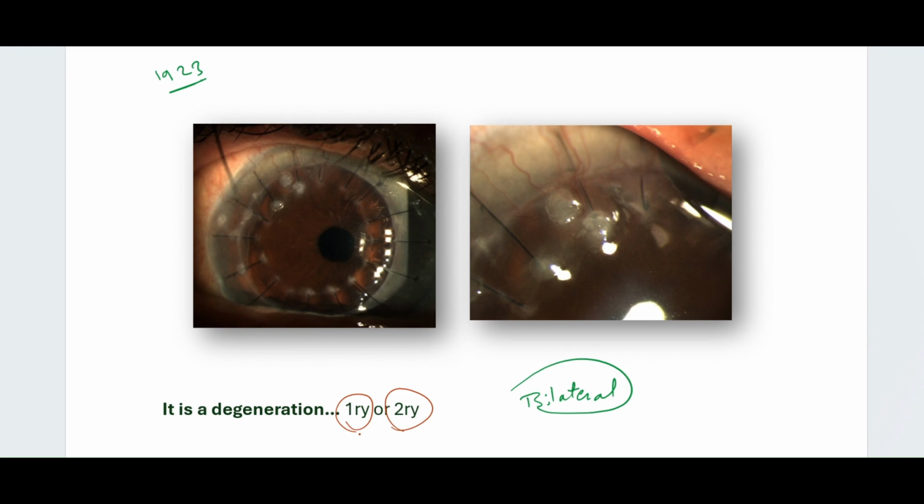The primary type happens in old age ladies in the mid-periphery of a healthy cornea, not associated with keratitis, not associated with ocular surface disease.